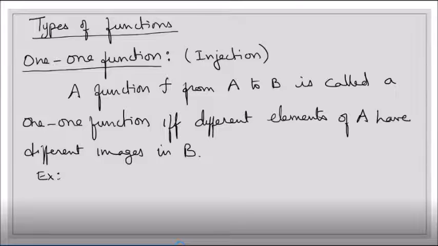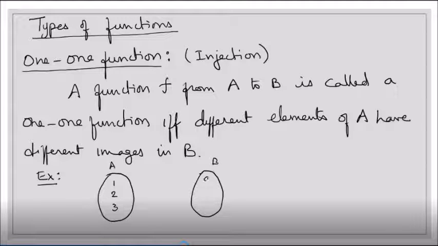Example: there is a set A with 1, 2, and 3 in it. There is set B containing a, b, c in it. So a one-to-one function from A onto B is like 1 to a, 2 to b, 3 to c.